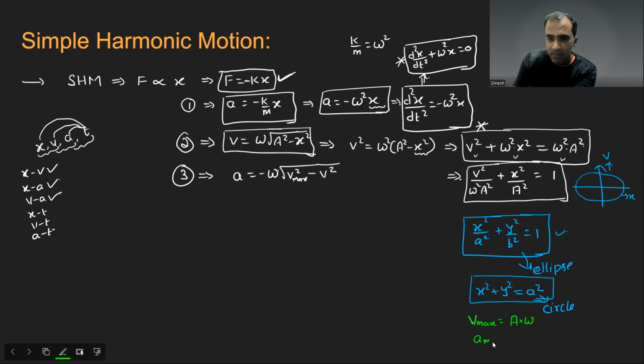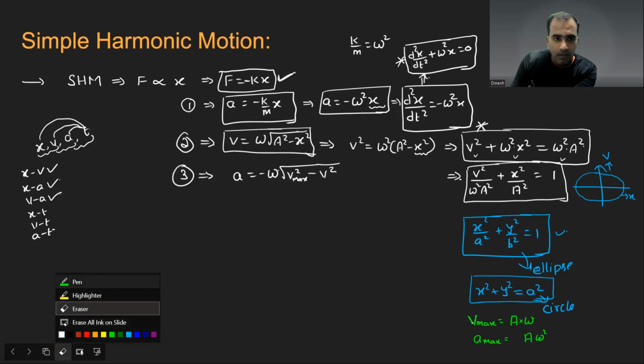What is maximum acceleration? Maximum displacement times omega square. Just instead of omega, it is omega square. There is a minus sign extra. Since we are talking only about magnitude, you can just ignore that minus sign.